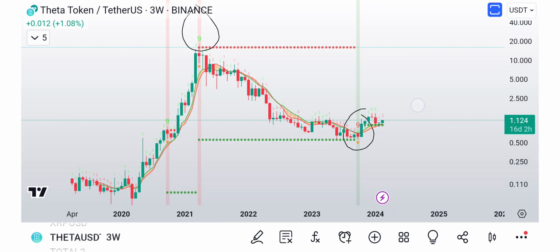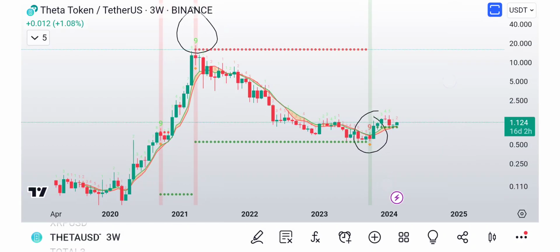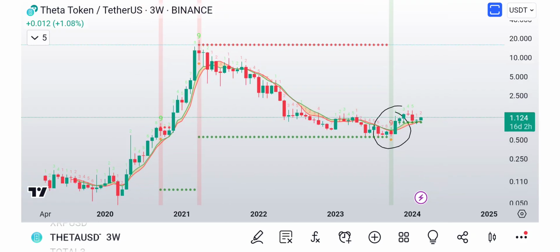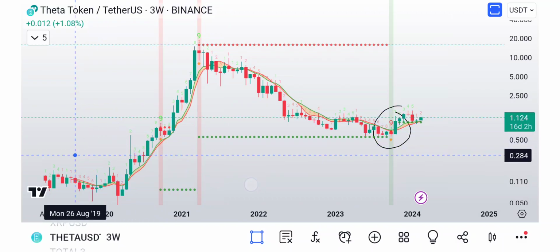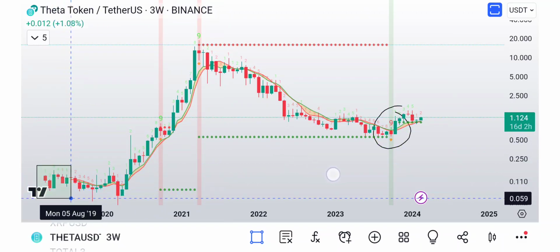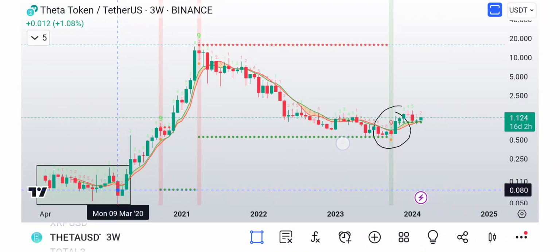So the big point of this video is to say I'm bullish. I'm very bullish on the price of Theta. Very bullish. Now, the reasons why, you probably know them, but I'm going to say them anyway. Reason number 1, we had a bullish base.